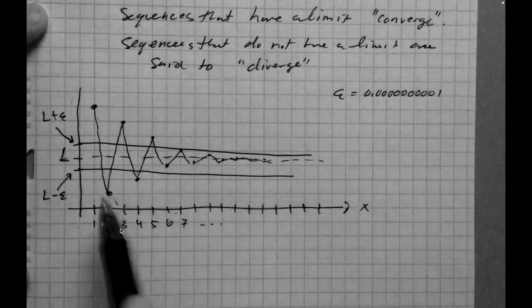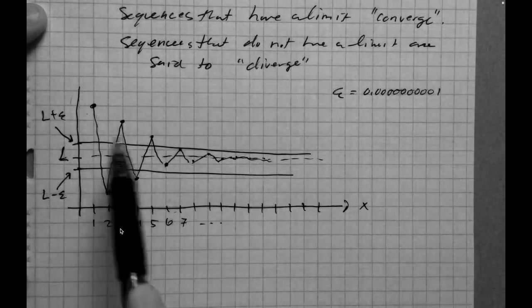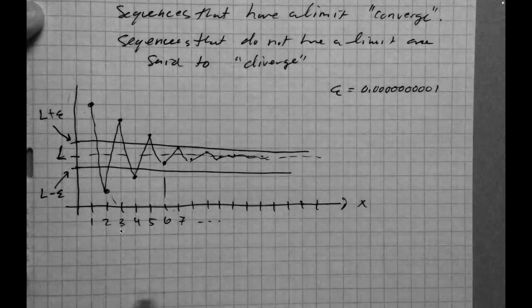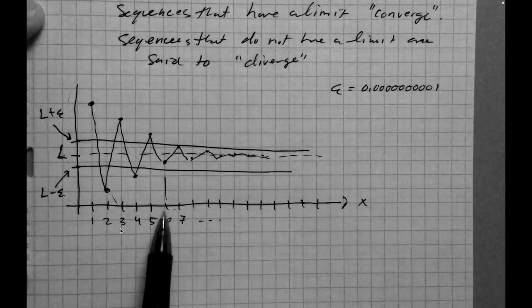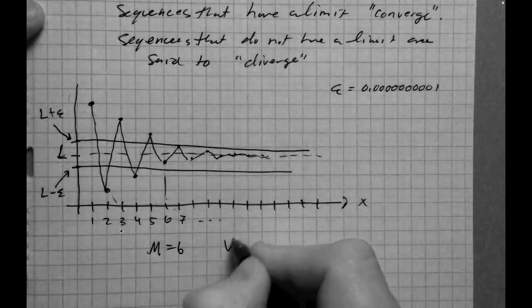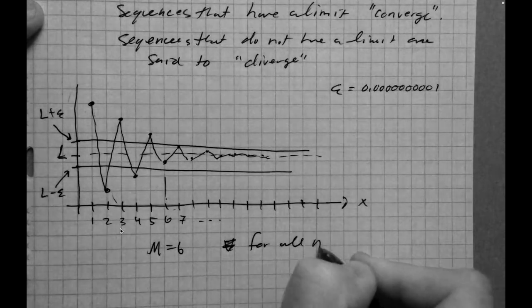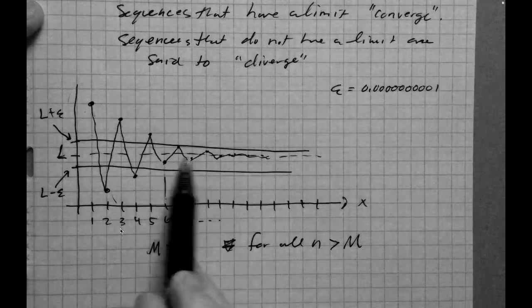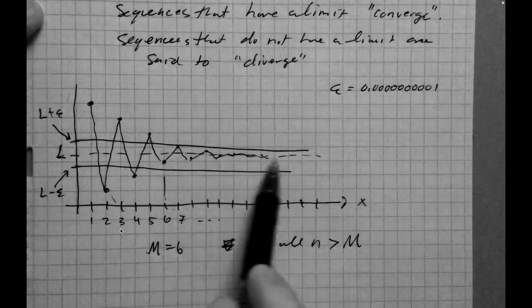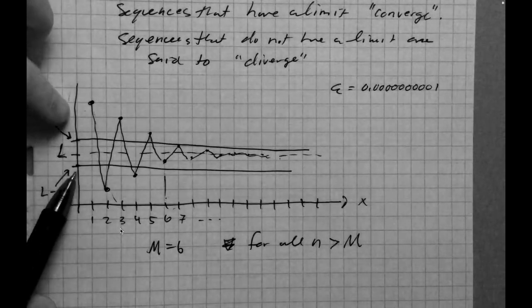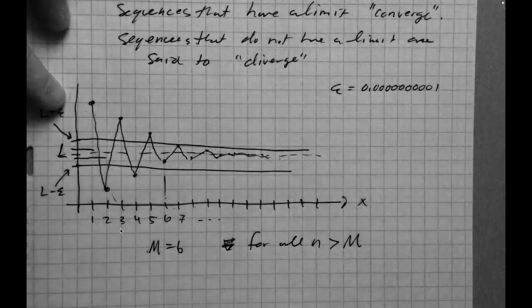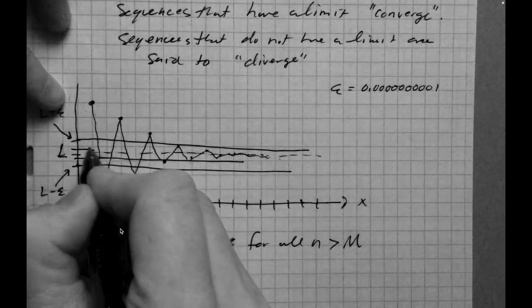This is not a terribly tight interval, but what you can see is that the way we've drawn this, if we set big M equal to 6, then for all n larger than big M, namely all of these values in the sequence, is within epsilon of this limit. Now what you can imagine is if I shrink this down to a very tight interval, then I have to go further out.